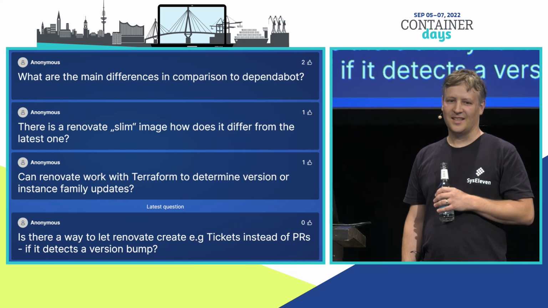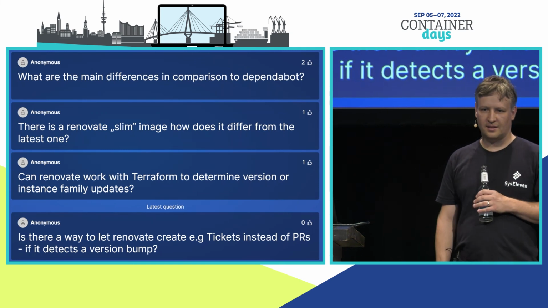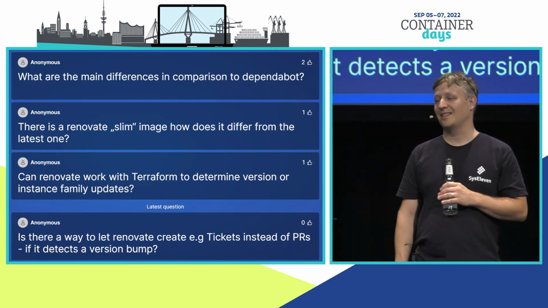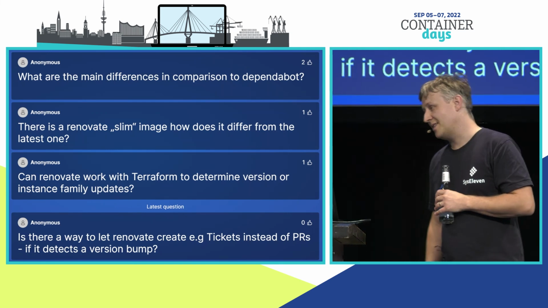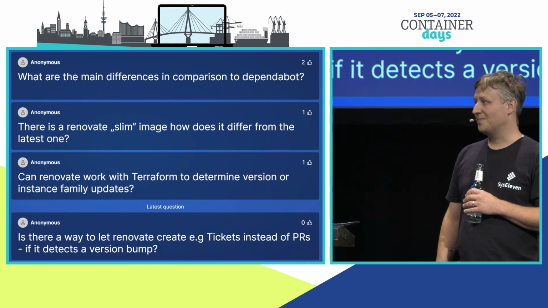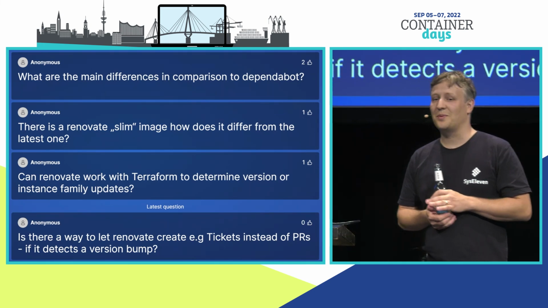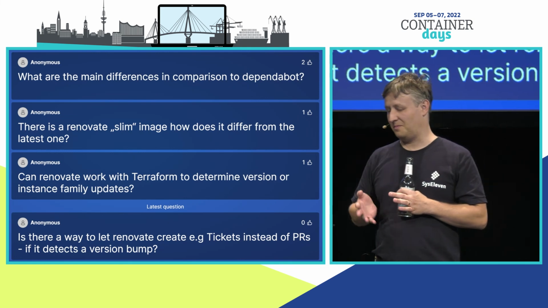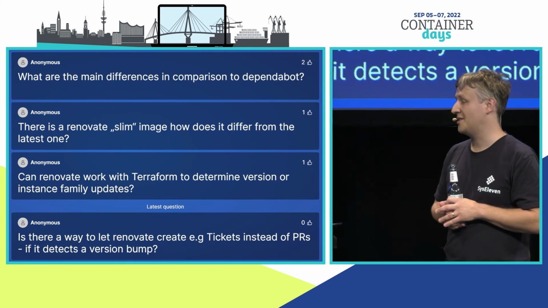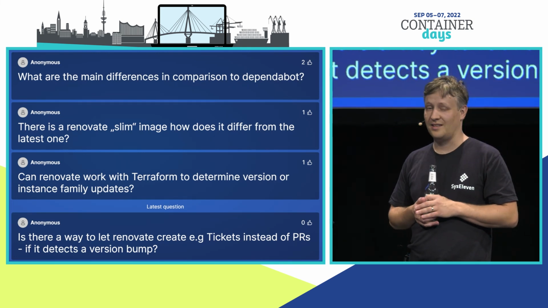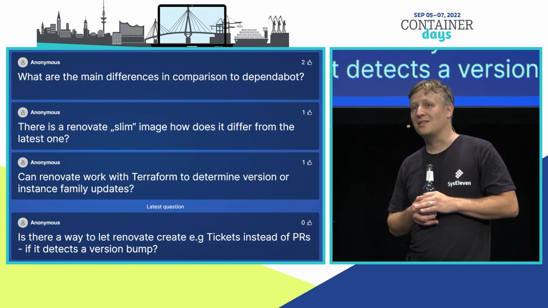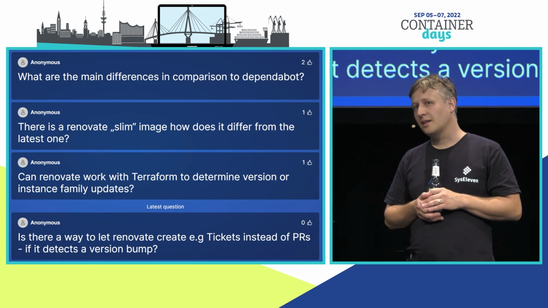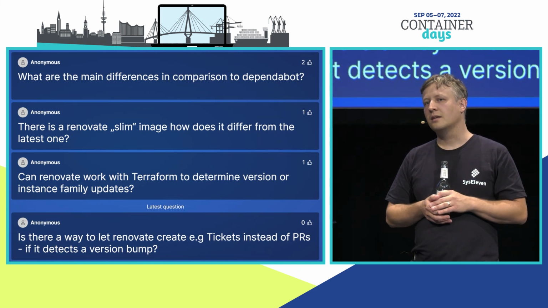What are the main differences in comparison to Dependabot? Honestly, I have no experience with Dependabot. I stepped in one year ago and started with Renovate. I cannot answer that. Sorry. I heard that the grouping feature, for example, is something we only have in Renovate.